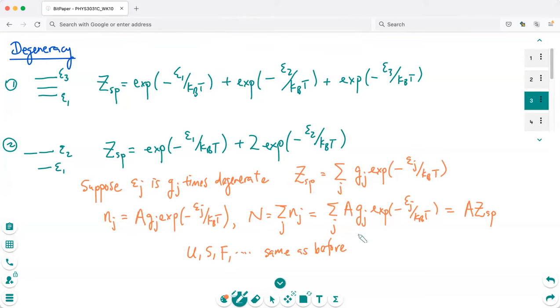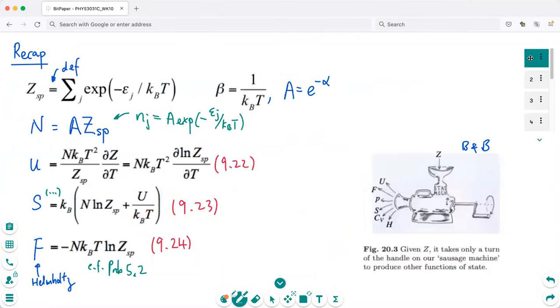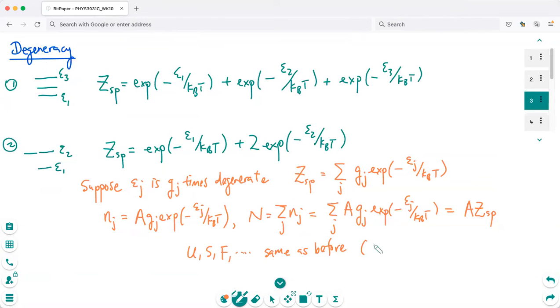Then the sausage machine doesn't care anymore. It will just spit out the correct functional state. Okay, so as before means equations 922 to 924.